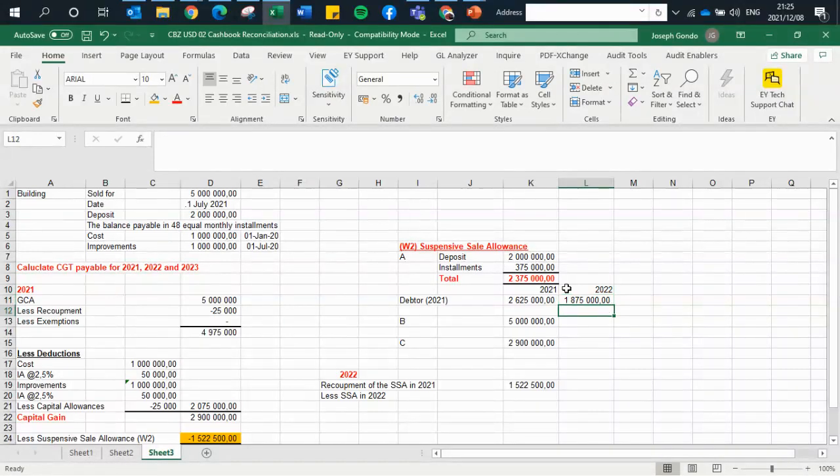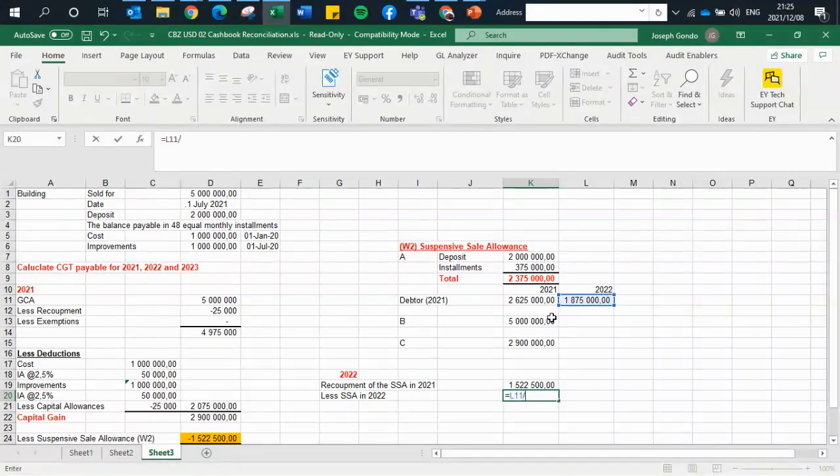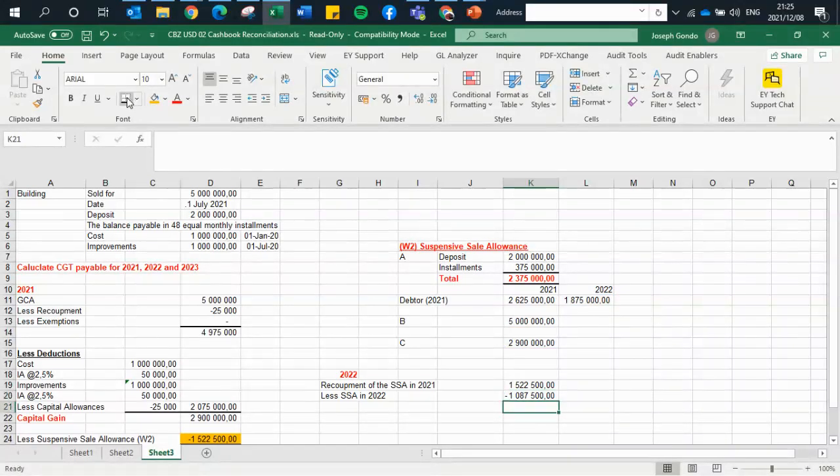Okay. So our suspensive sale allowance formula will not change. It's just this, then you divide it by B, then you multiply it by C. B and C will not change. Multiply by -1. So then we say this plus this.